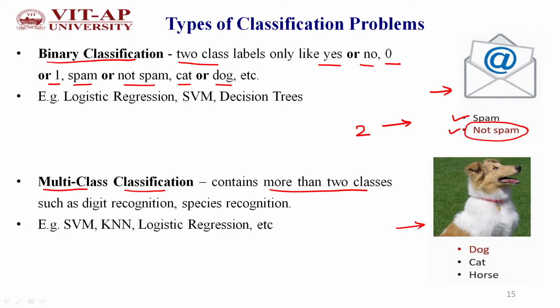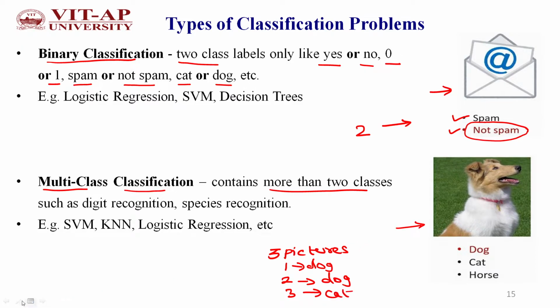If I have three pictures, one is a dog, the second picture is again a dog, the third picture is a cat.